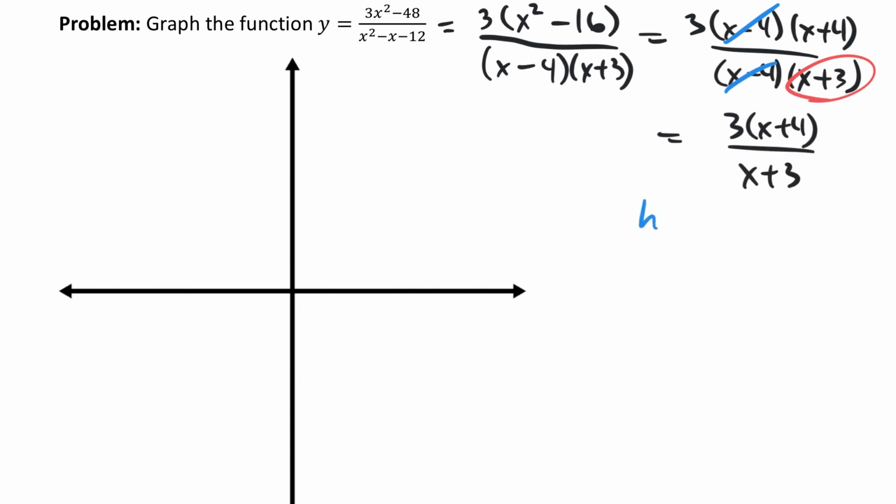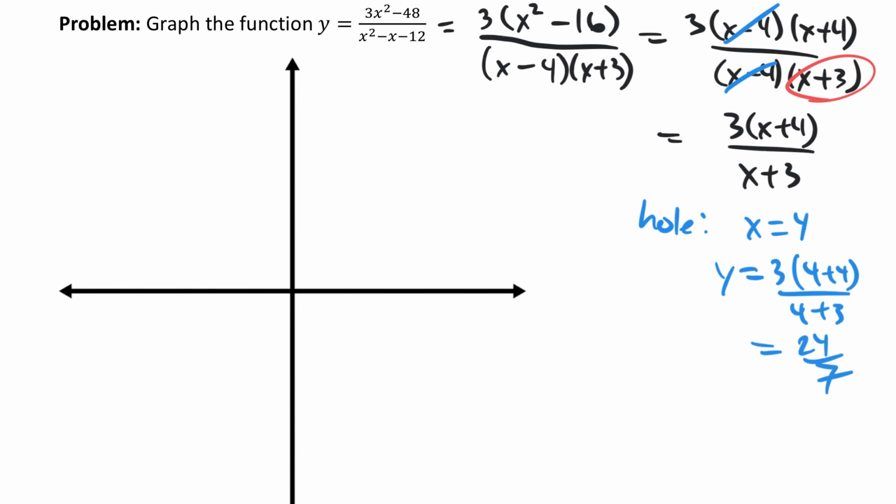And so we have here a hole at x equals 4 and y equals, well, we plug that into the simplified version, so 3 times 4 plus 4 over 4 plus 3. 4 plus 4 is 8. 8 times 3, 24. So we have 24 over 7 for the y value.